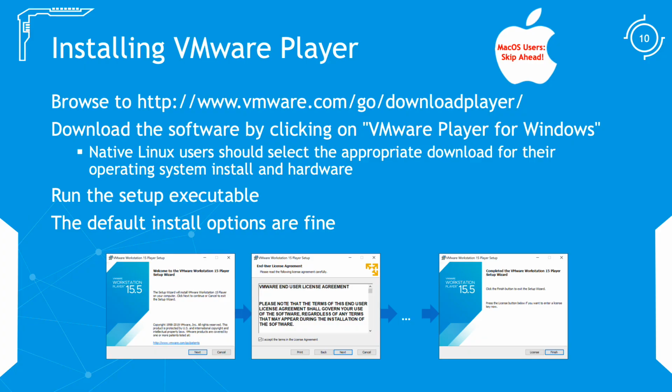So installing VMware Player on Windows, what we first need to do is download the software. If you go to the URL on the screen here, you can then download VMware Player for Windows. So we're going to download this. You're going to run through the executable. The default options here are going to be absolutely fine.